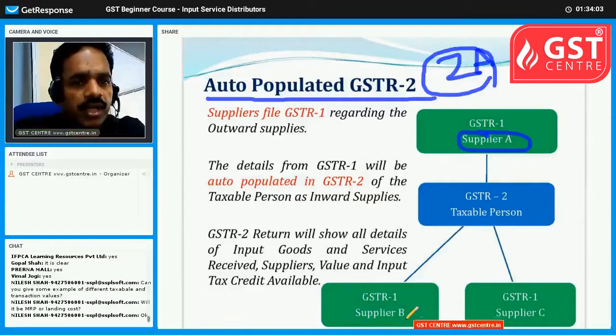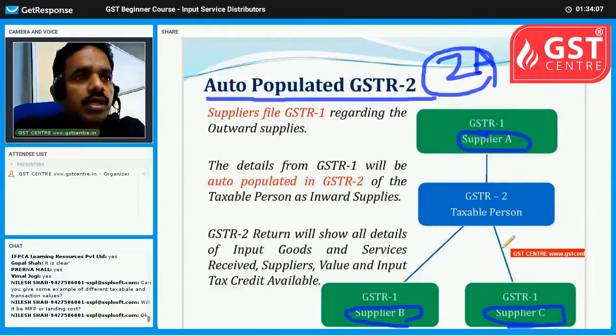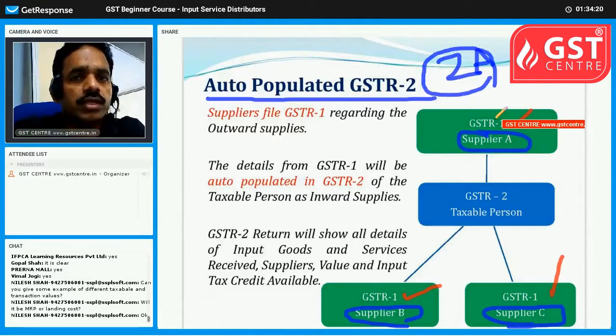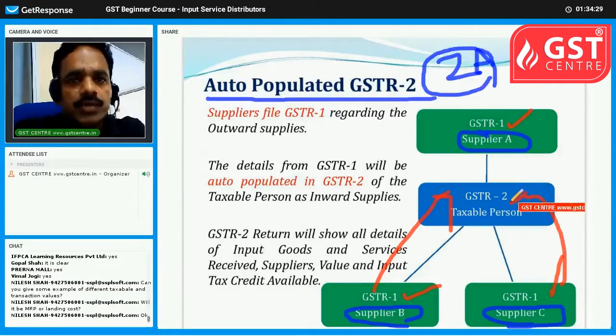Okay, supplier A, supplier B and supplier C. These persons have filed their GSTR 1. We have seen how to file the GSTR 1. So, they have filed their GSTR 1. What will happen? This information will come to the GSTR 2 of the taxable person, the purchaser. So it will be auto populated.